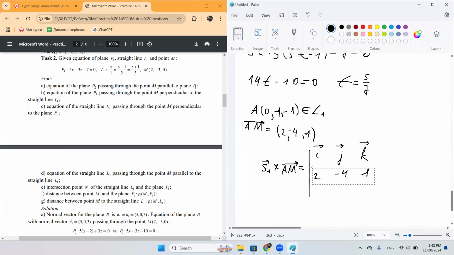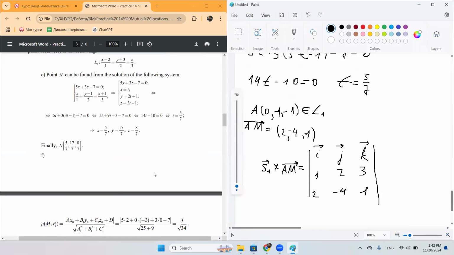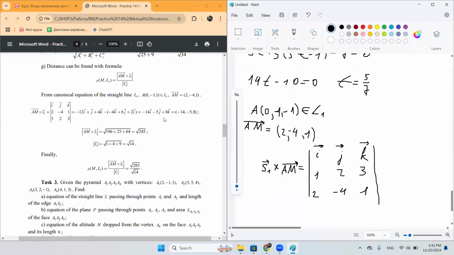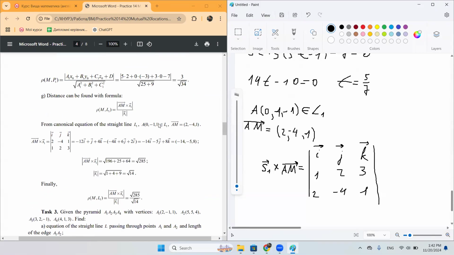Remember that the cross product is anti-commutative, so the order is important. We skip calculating this cross product.